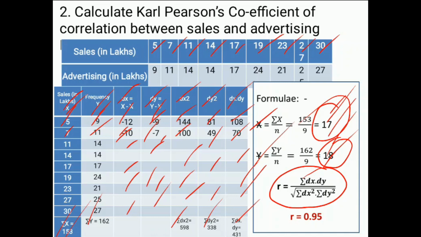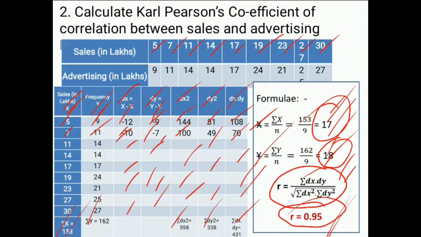This is a simplified formula, but the formula varies if you apply a different procedure to solve the problem. So as a degree student, please remember this formula and apply the same basic steps. Don't get confused with other types of formulas and procedures. So R equals, the answer I have already written, 0.95.